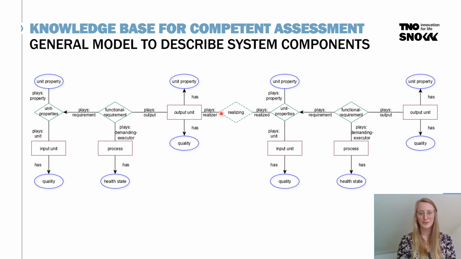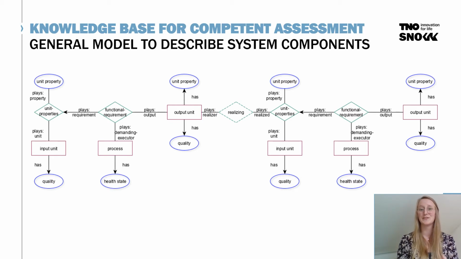As you might have noticed, the realizing relation is dashed, and this means that it is actually a rule that's executed in the knowledge base. This is an automated process that links these output units to these input units. Therefore, it's resilient: if you add extra processes, it should be able to link them to the current processes as it goes.